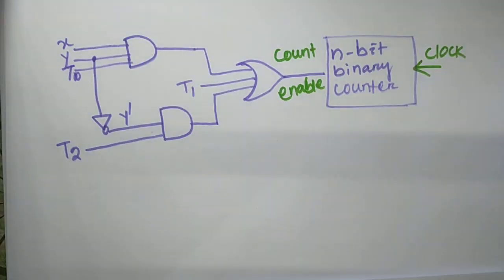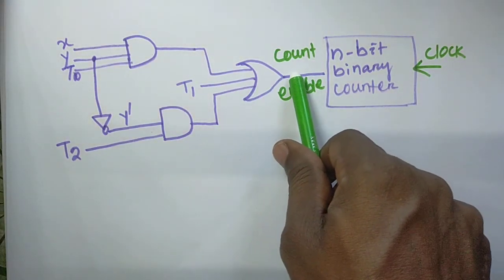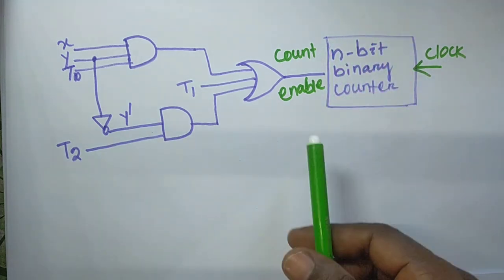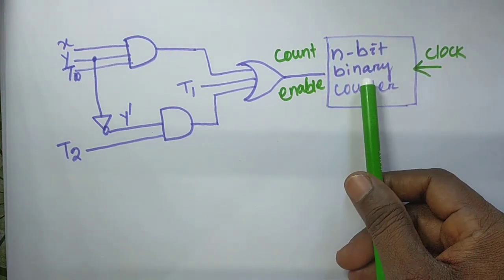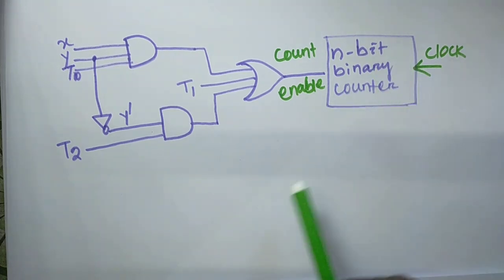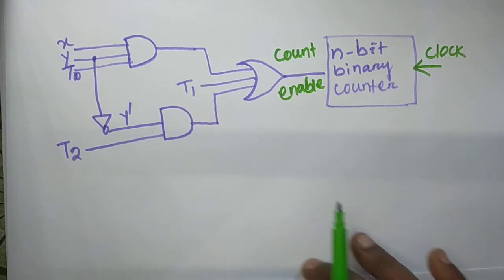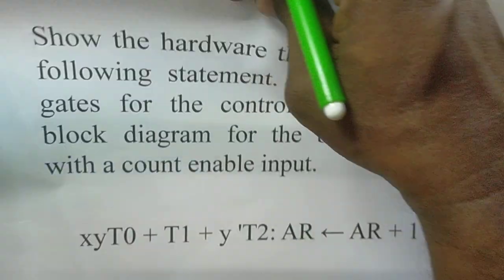Very simply, whenever it is enabled, the n bit binary counter counts. Automatically the address register data will increase, counting the number of times. This is the basic concept whenever we design this particular problem.